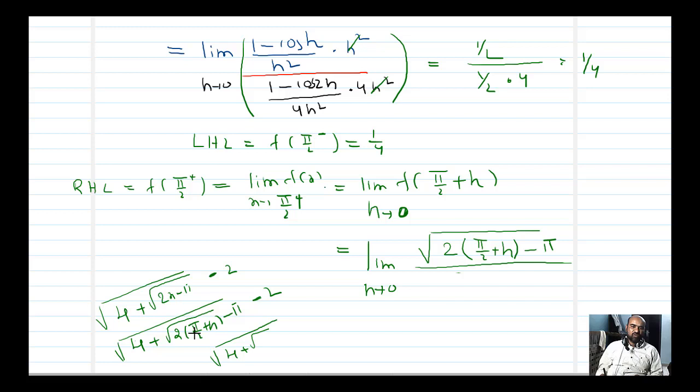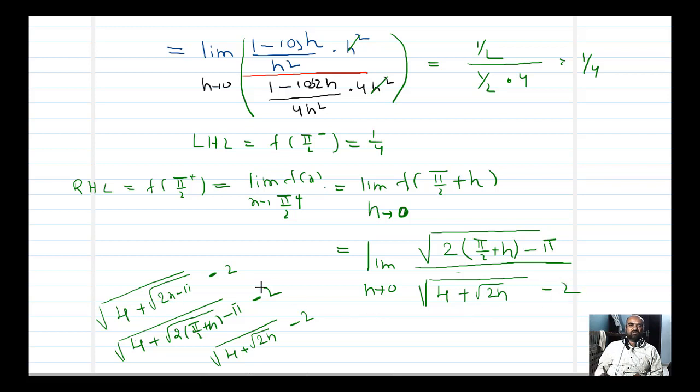That only I want to write. Okay, so root over 4 plus root 2h minus 2. On the next page I will write. So what will we get?